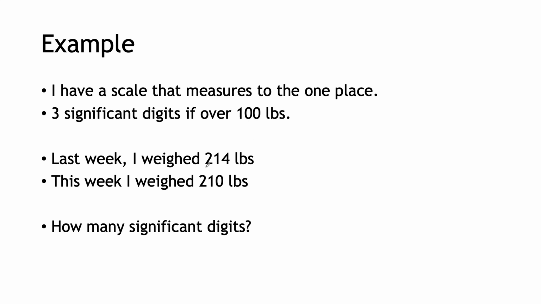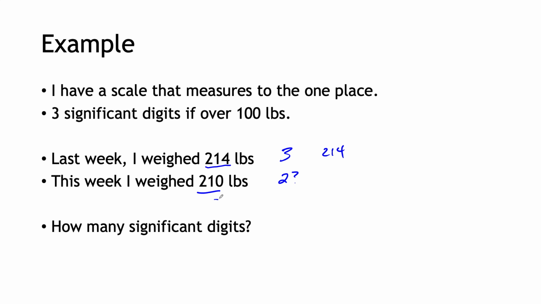So last week I weighed 214 pounds. I lied, but anyway, that's a good number. So I lost 4 pounds, and this week I'll weigh 210. The question is, how many significant digits do I have? Well, by the rules, I should have 2.